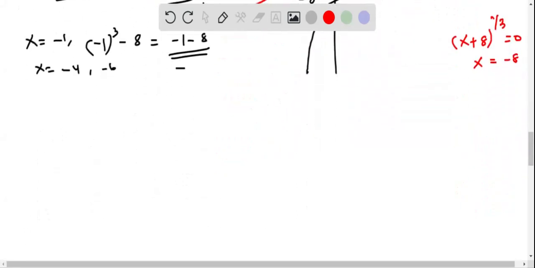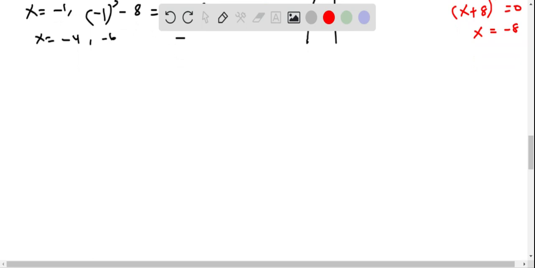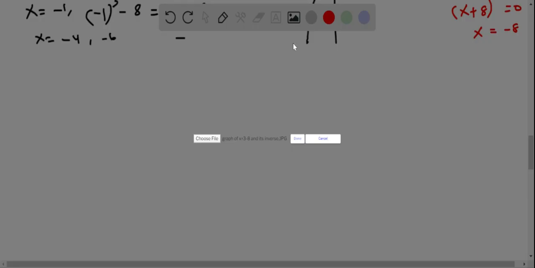Now I have also graphed this on a graphing software. So let me bring it over here.